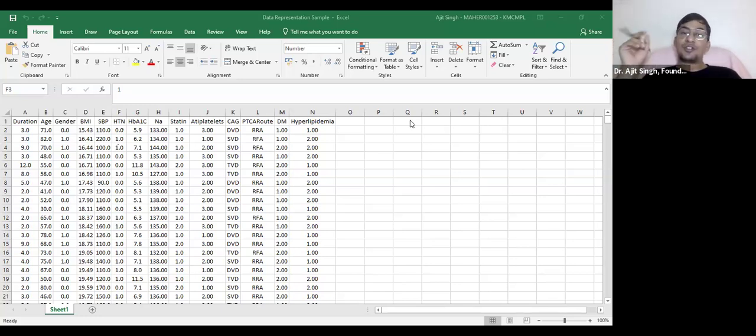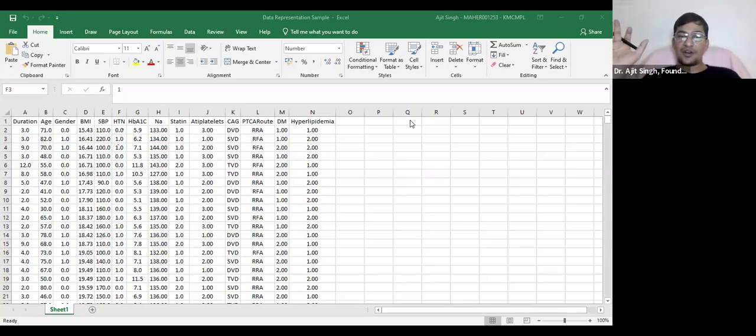Okay, now the tricky question has come here. Antiplatelets. What type of data is antiplatelets? Please tell me. Okay, I'll describe. Don't get stuck in the number. 1 is aspirin, 2 is clopidogrel, 3 is ticagrelor.